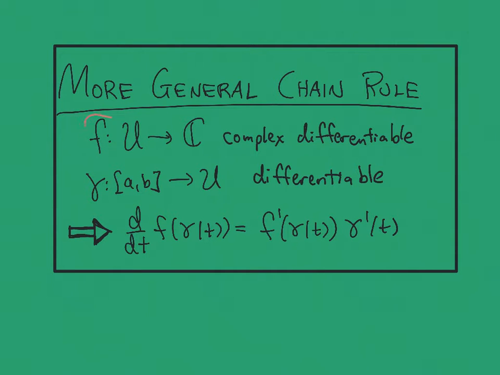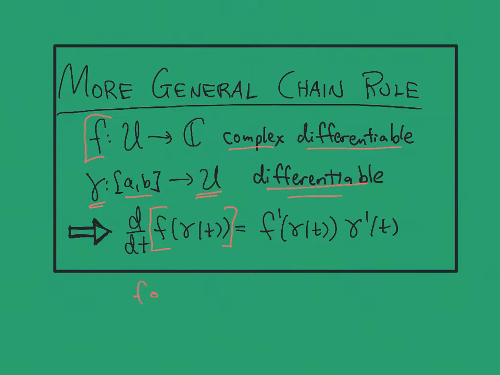Assume that little f is complex differentiable at whatever point we're studying, and assume gamma is just a differentiable map from an interval into the domain of f. This more general chain rule says that we can view f of gamma of t as a function of t.